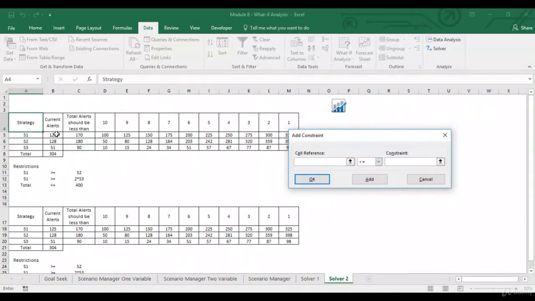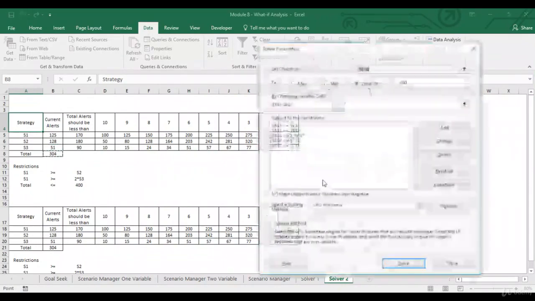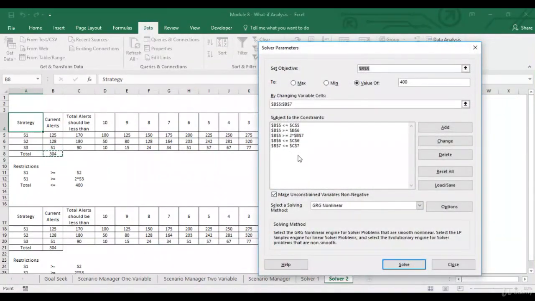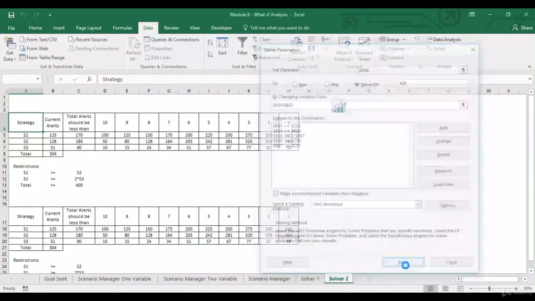Then this should be greater than or equal to this, add, and this should be greater than or equal to 2 times this. Click on OK. So now I've got these constraints added. Now let's click on solve.